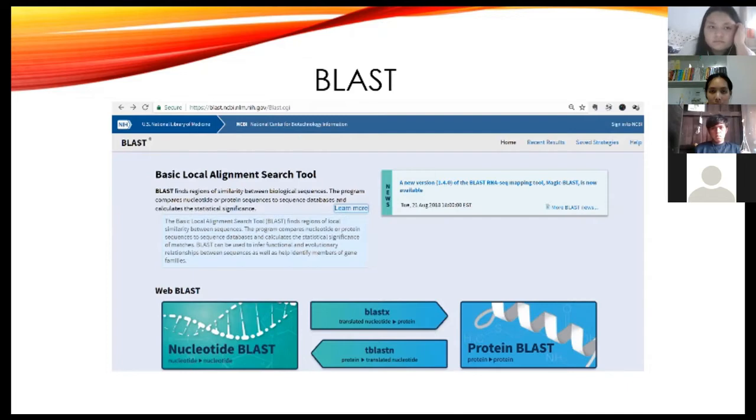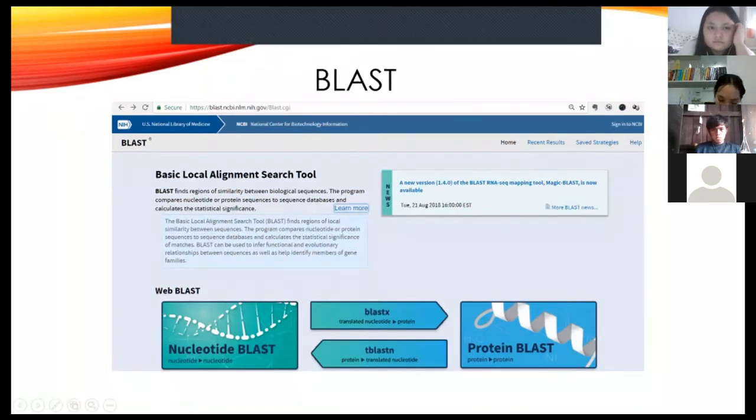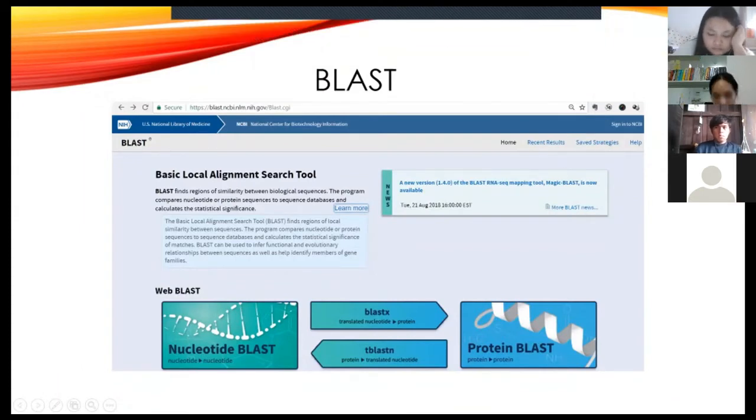So the tool that we use to search the sequence is called BLAST. BLAST stands for Basic Local Alignment Search Tool.